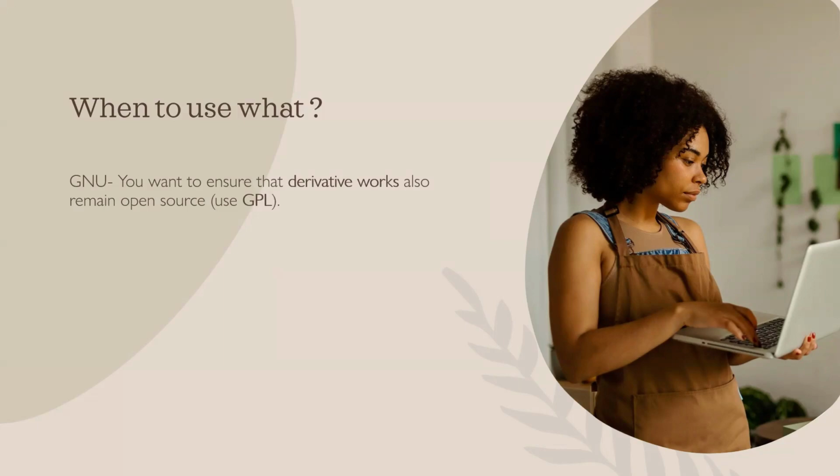Now, many of us have a question in our mind: when to use what? When to use GNU based open source product and when to use MIT license based open source product. If you are making a work product for further evaluation under broad communities, then you must go for GNU based license.